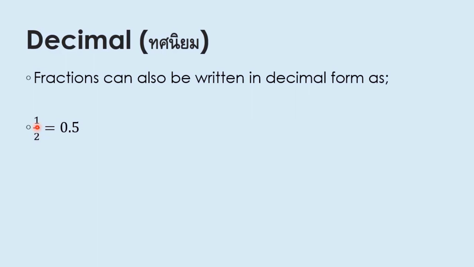So fractions can also be written in decimal form. This fraction form 3/4, this one is a fraction because it contains a numerator and denominator. The numerator is 3 and the denominator is 4, and what does this value equal? 0.75.